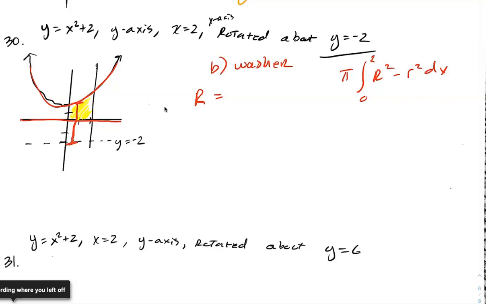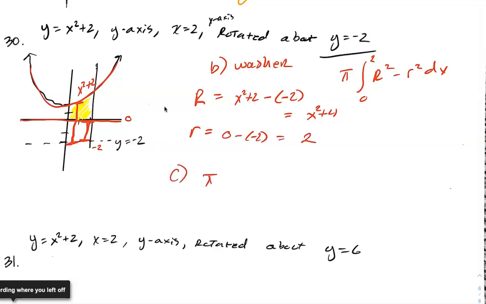So my big R is going to be x squared plus 2 minus the thing I'm rotating against, negative 2. Or if you want, x squared plus 4. What's my little r? Well, the other rotation, this guy. So that's 0 minus negative 2, which you also just get 2. So let's plug it into the formula.